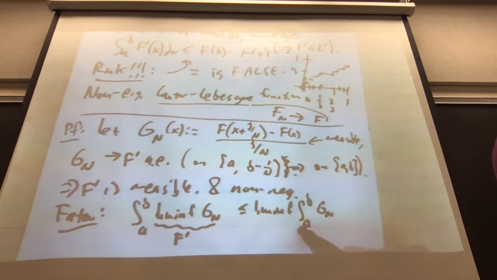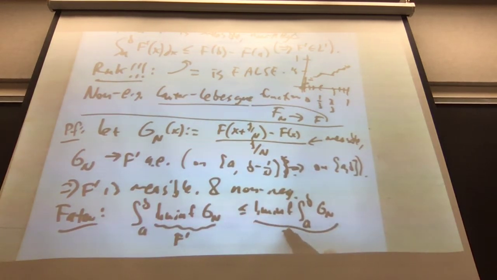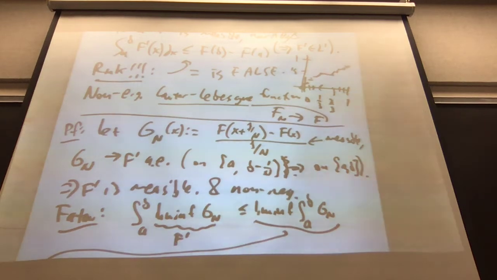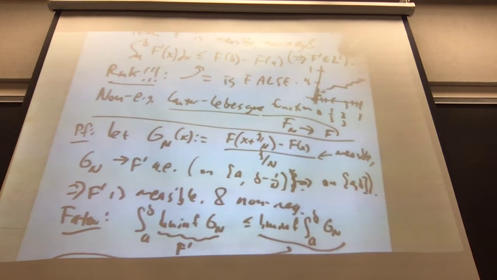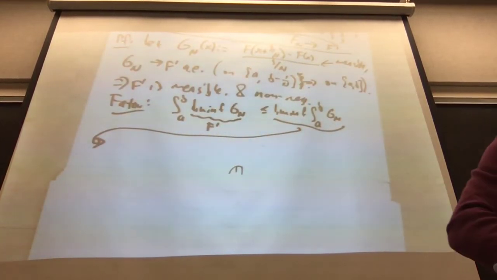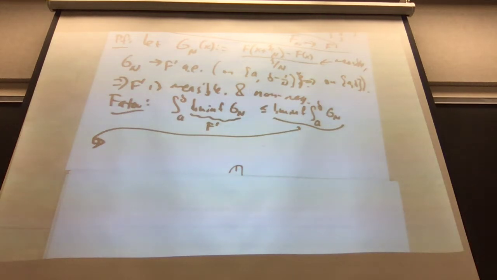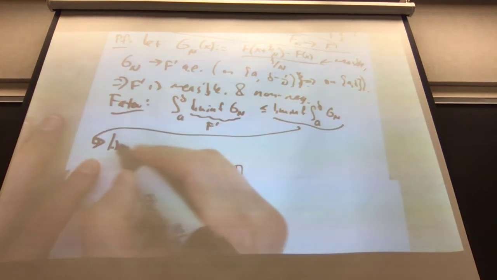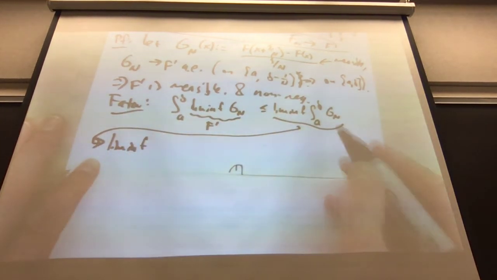And let's look at this. What is the lim inf of the g_n's? So this is lim inf. So let's look at the integral from a to b of g_n.